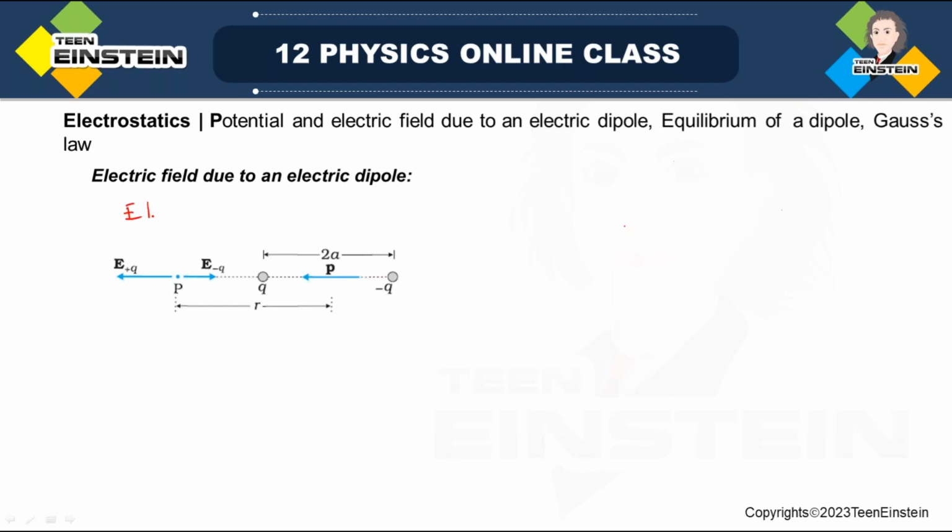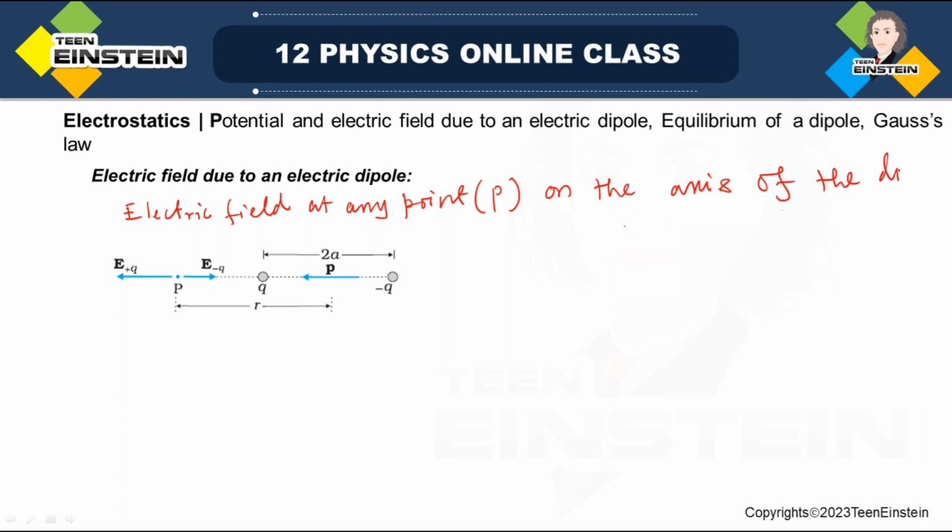Let me write: electric field at any point on the axis of the dipole. Here the point is P, on the axis of the dipole. So this is one case.